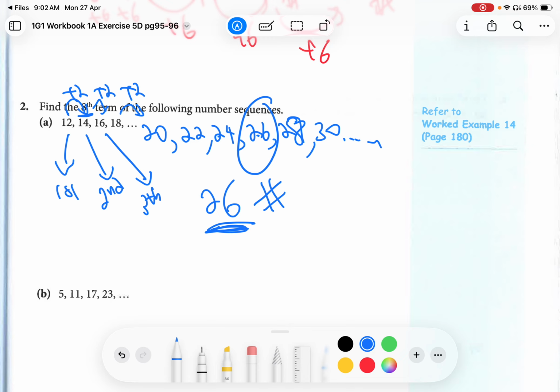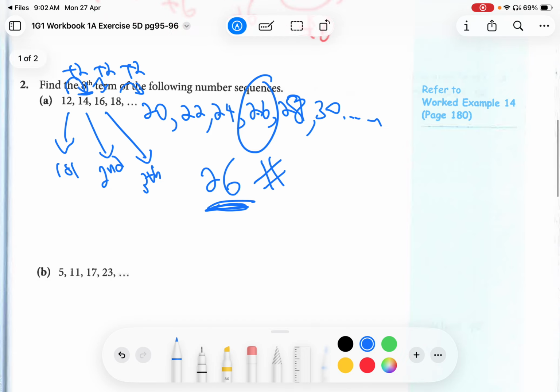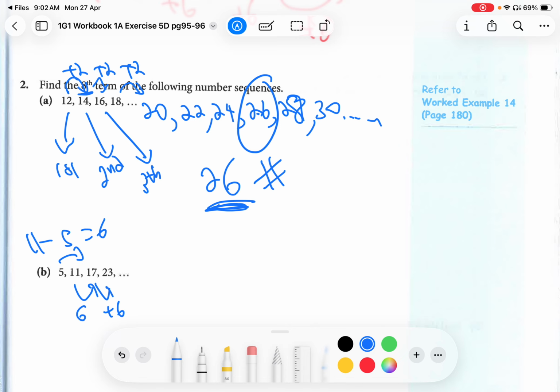You see this one. Okay, the next one: 5, 11, 17, 23. I take 11 minus 5, which is 6. I see 17 minus 11 is also 6. So it's plus 6, plus 6, plus 6. 23 plus 6 is 29. 29 plus 6 is 35.